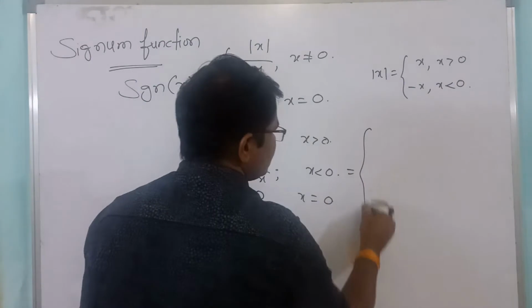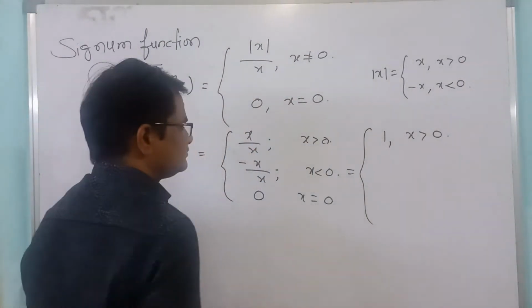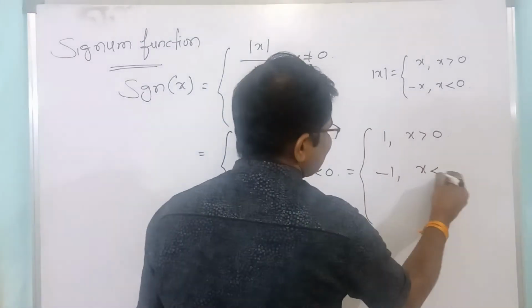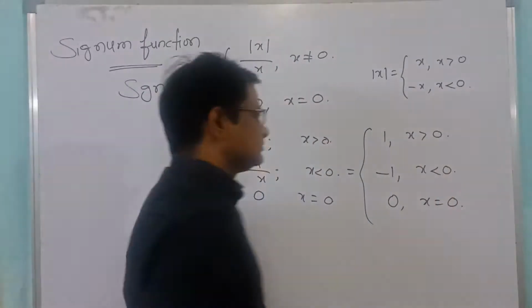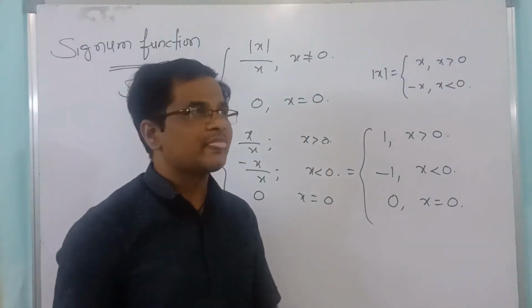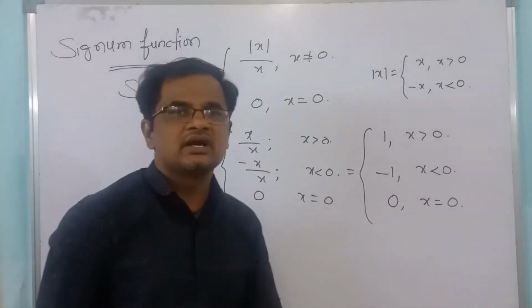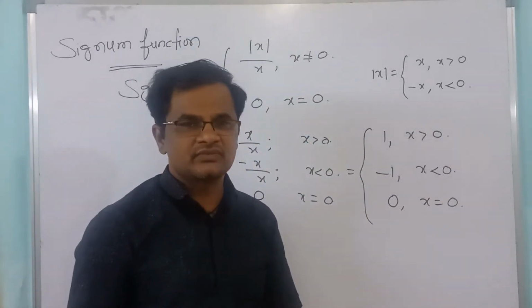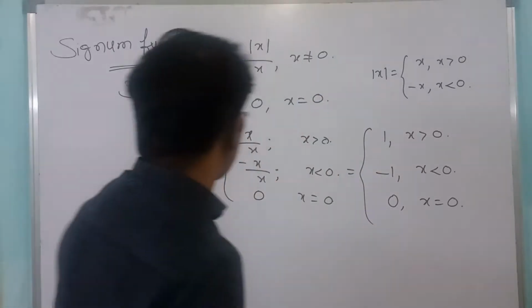That is equal to 1 for x greater than 0, minus 1 for x less than 0, and 0 for x equal to 0. So, this is the signum function definition, right? Now, if we take this information on the x-axis and y-axis, how do we get the graph of the signum function? That is also important.